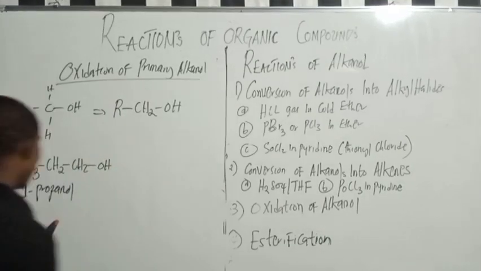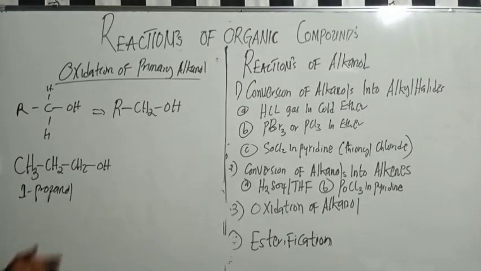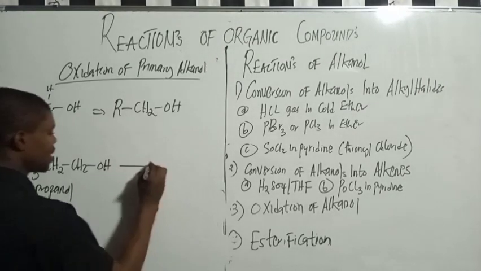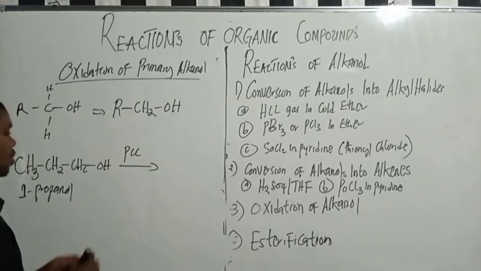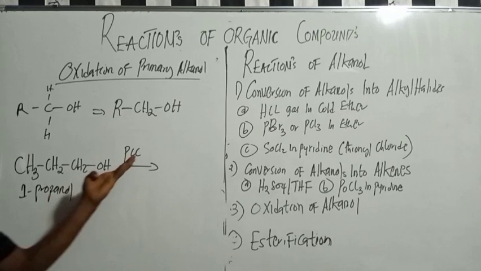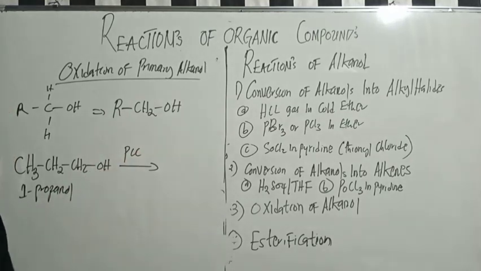So when 1-propanol undergoes oxidation with a weak oxidizing agent here, PCC, pyridinium chlorochromate, this one is a weak oxidizing agent. Now a weak oxidizing agent will produce an aldehyde.